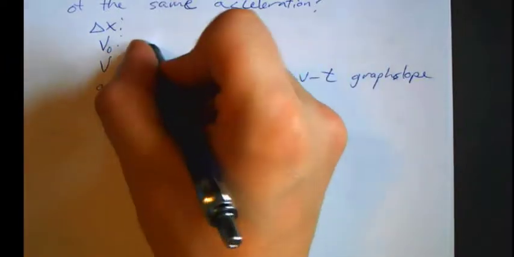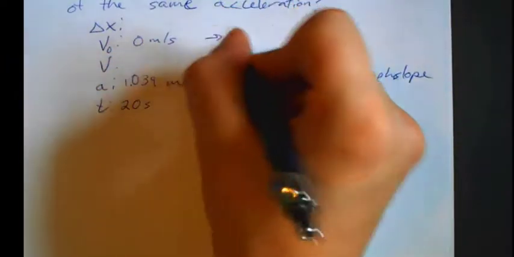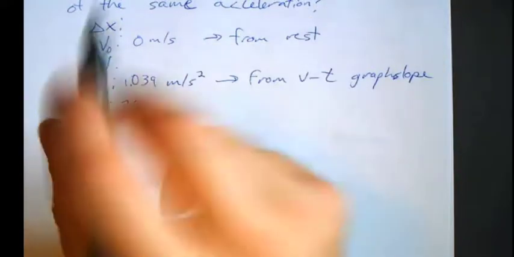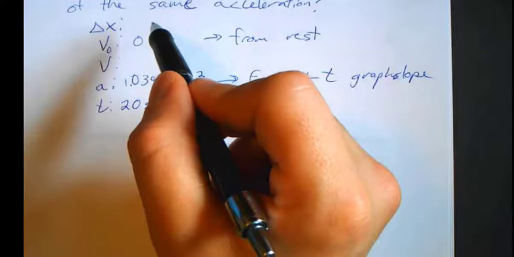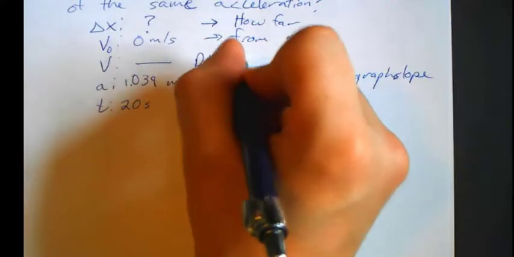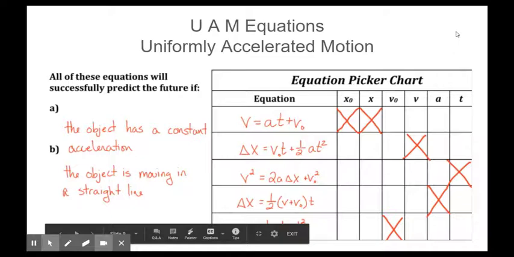We again know she started from rest. And that's all we need. We need to find, because we have how far, delta x, and we don't need this. That's our final velocity. We're going to go to our equation picker chart.